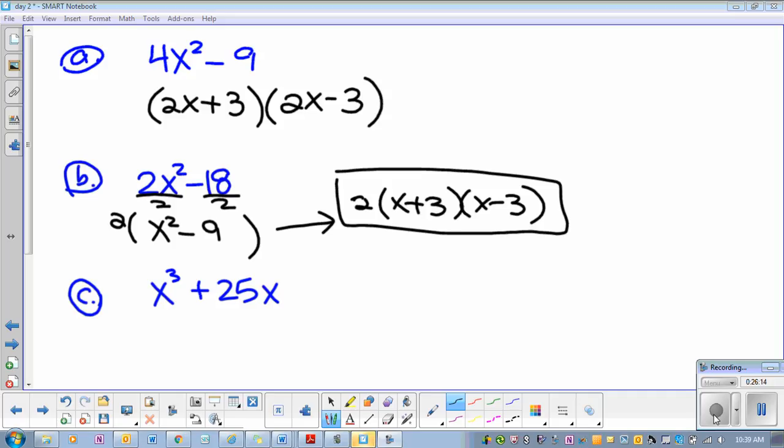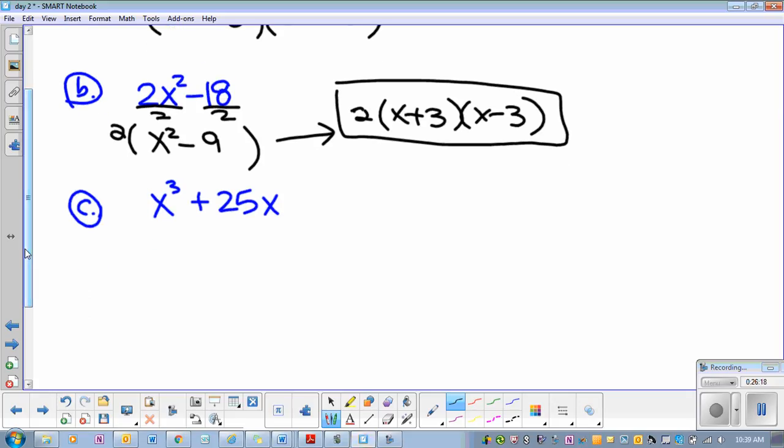Okay. And then C. X cubed plus 25x. Guys, there's a GCF here. What is it? X. Good. Remember, sometimes the GCF is not a number. It can just be the variable. So x squared plus 25. Can I do DOTS inside the parentheses?